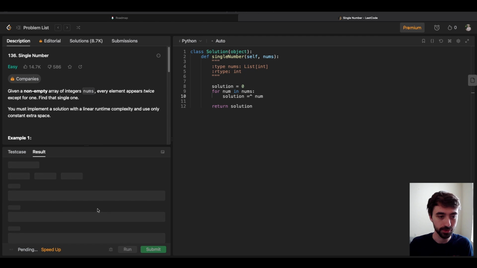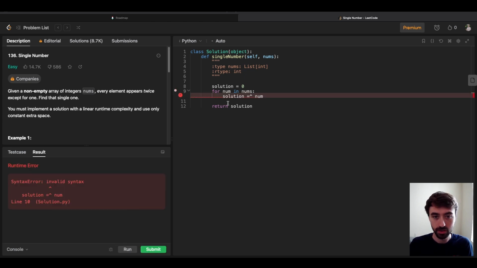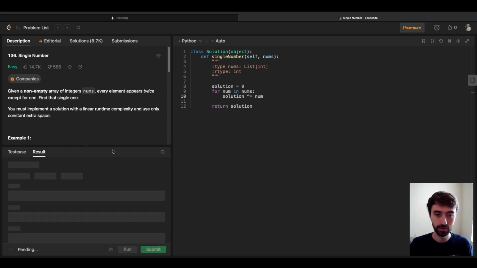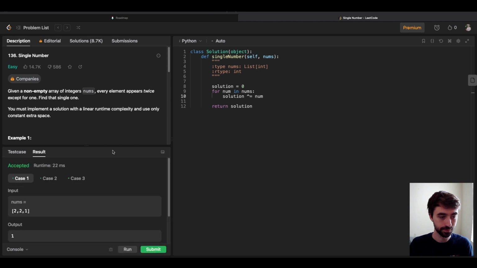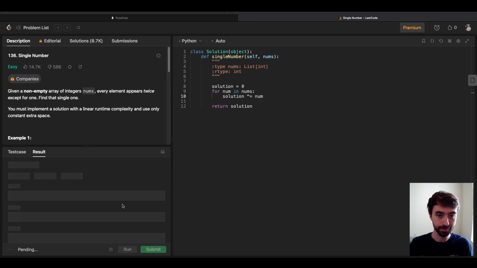Same as like plus equals or times equals. Maybe it's backwards. Right, because if we were doing times equals or something, it would be like that. So let's try this. Fantastic. Let's go ahead and submit.